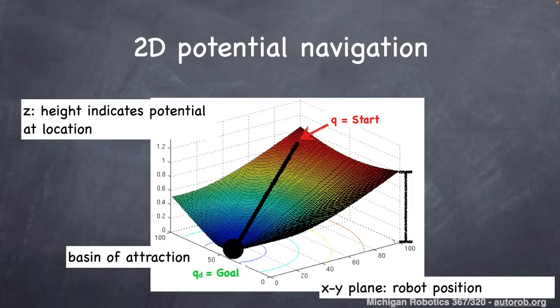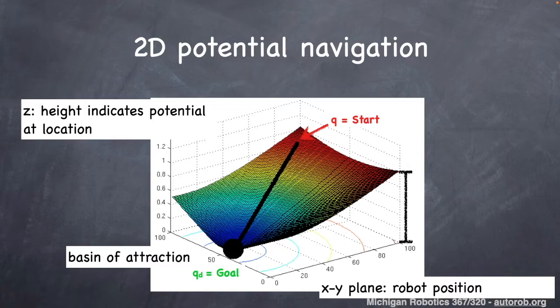And so using this basin of attraction, we can motivate our robot to move towards the goal, where the goal configuration is at that minimum point of potential energy. In this diagram, the goal configuration is at the portion of the potential field that has that deep dark blue color, indicating a low potential energy value. If we were given some start configuration, we could imagine that our gradient descent algorithm is going to move in roughly a straight line path down towards this basin of attraction. And so that's how we could use this type of potential field within the context of 2D planar navigation.